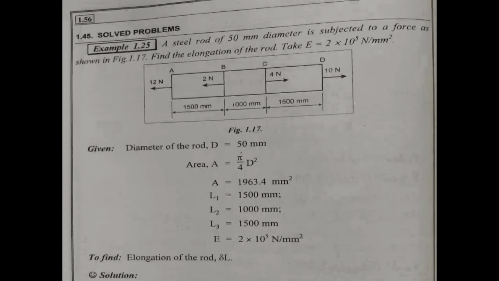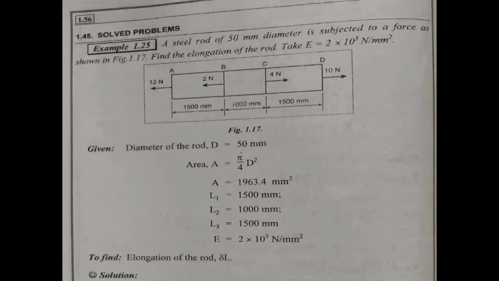Both loads are tensile, so we take them as positive, 12 plus 2 equals 14 Newton. On the right hand side, 4 Newton plus 10 Newton. This 4 Newton is also a tensile force and 10 Newton is also a tensile force. So 4 plus 10 you will get 14 Newton.